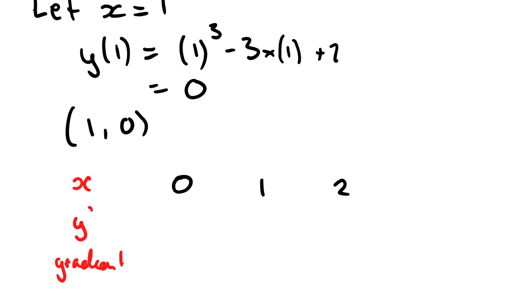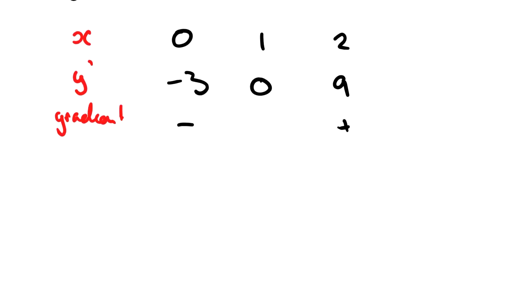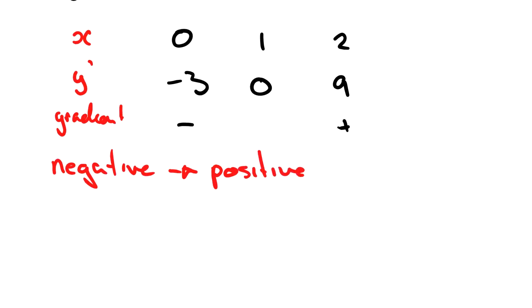So when it's 0, that becomes -3. We know this one's 0, and this is 9. So we're going from negative to positive. So this is negative to positive equals minimum.